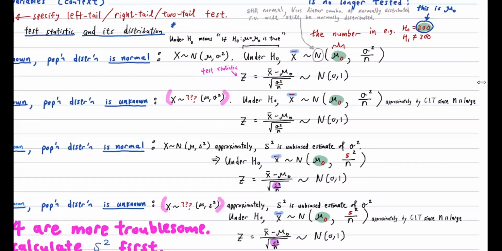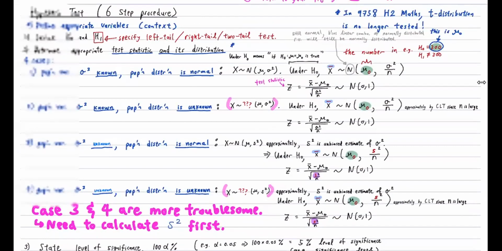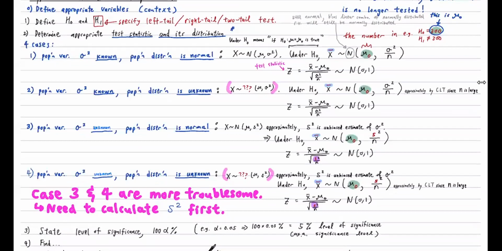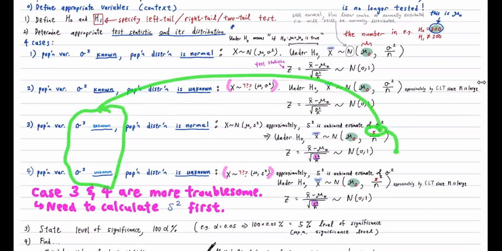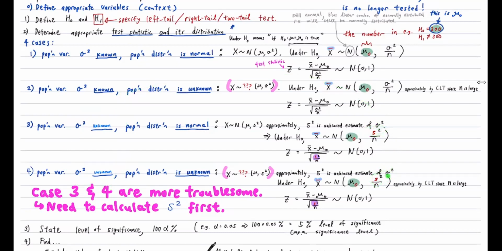Okay, then the third and fourth case, if the sigma square is unknown, then straight away you see a pattern, you have to use S square this time. S square over n instead of sigma square over n, where S square is our unbiased estimate of the sigma square. We already went through how to calculate that last lesson.